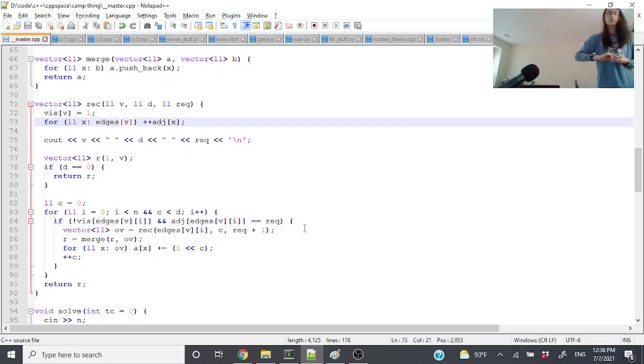Otherwise, for each adjacent edge, if that edge has not been visited, and its adjacencies work out, specifically it's adjacent to everything we want it to be, then we merge in there, right, that component, then we're here. R equals merge R of V for each x. Ax plus equals 2 to the c.